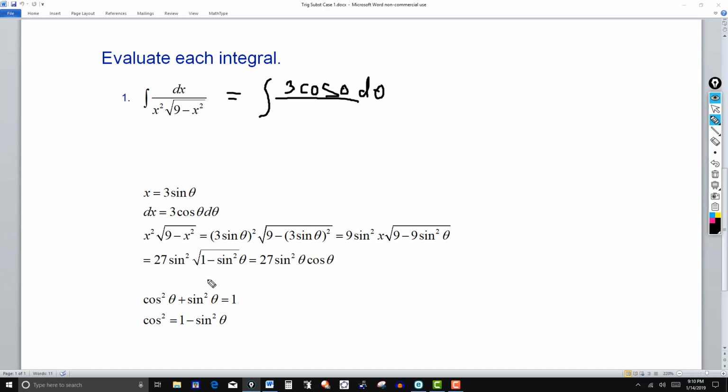So doing the replacement there, all of that is 27 sine squared theta cosine theta.